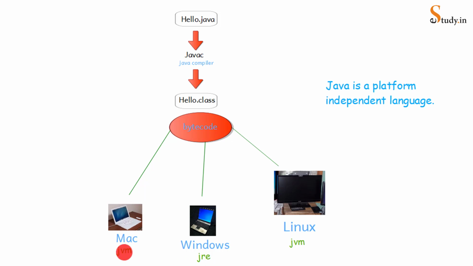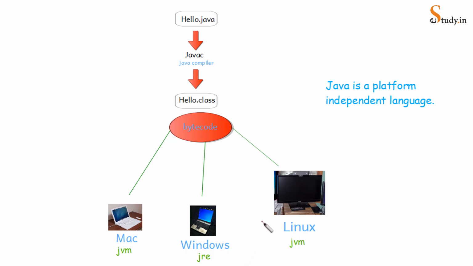So for Mac, I will need a different JVM. For Windows, the JVM is called JRE, Java Runtime Environment. And for Linux, we will need a different JVM. So what we are saying is, Java is a platform independent language, because once we get the bytecode, this bytecode will run on all the machines or all the different operating systems, provided each operating system has its own JVM.